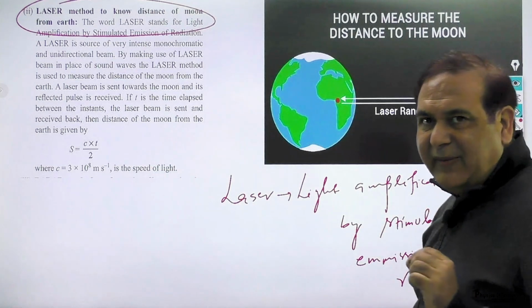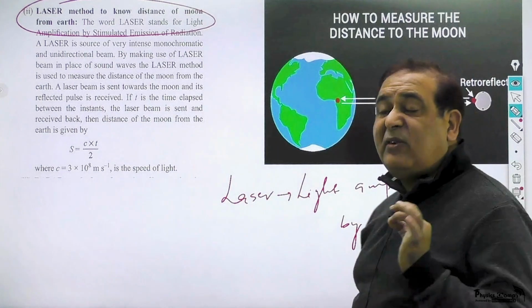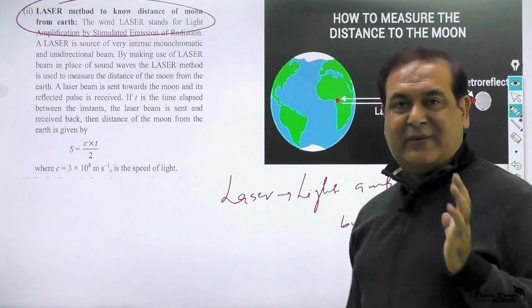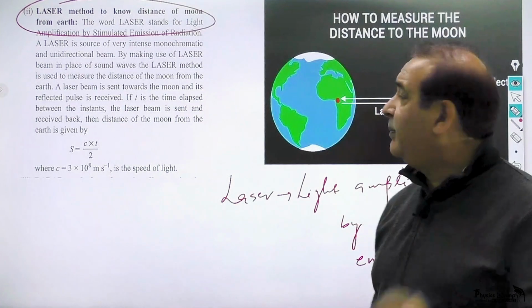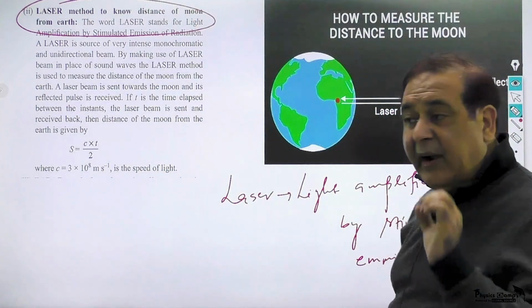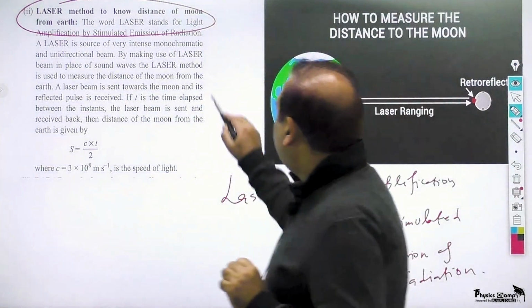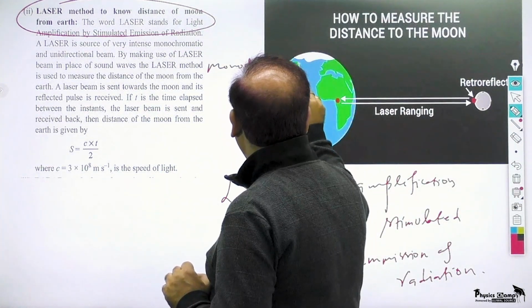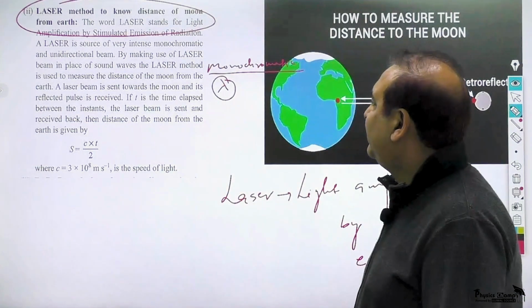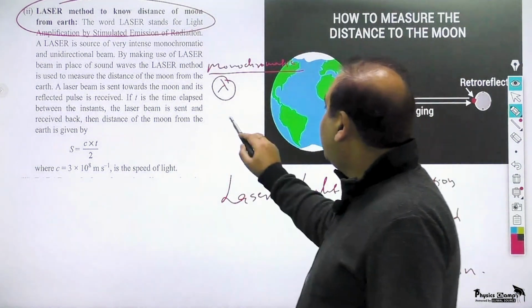So laser is basically light amplification by stimulated emission of radiation. Ultimately it is what? A radiation, a strong radiation. Now laser beams travel at the speed of light and they are monochromatic. Monochromatic means one wavelength, one color, and it travels with the speed of light.